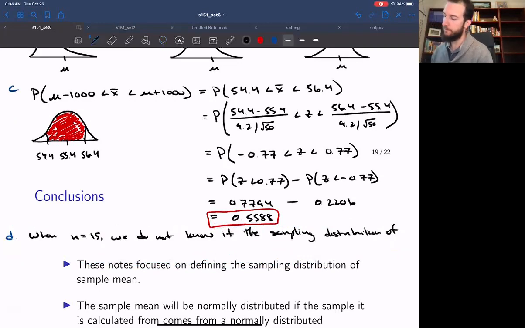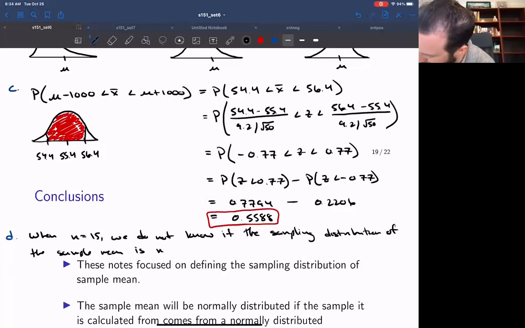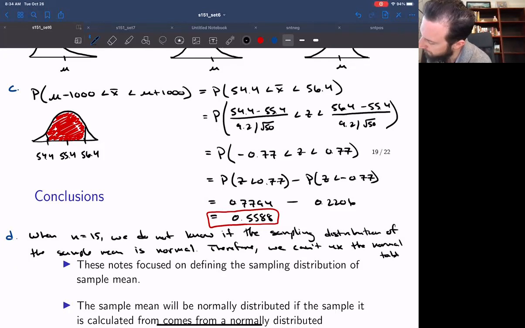So when n is equal to 15, we do not know if the sampling distribution of the sample mean is normal. Therefore, we can't use the normal table.